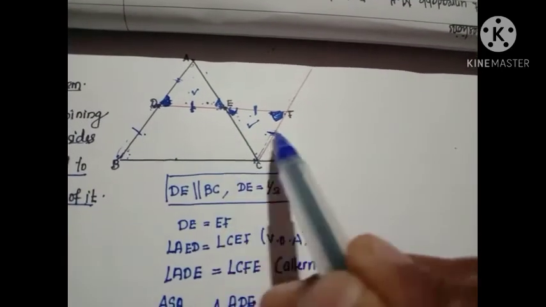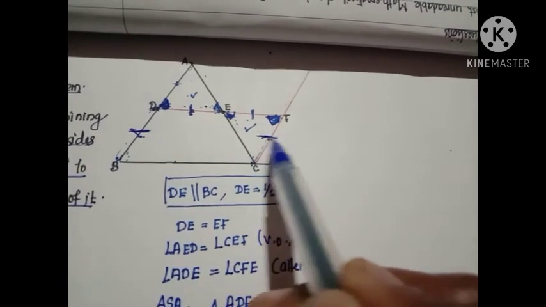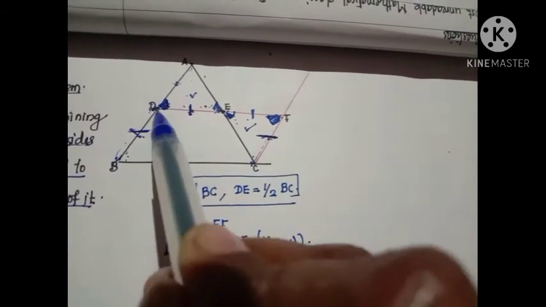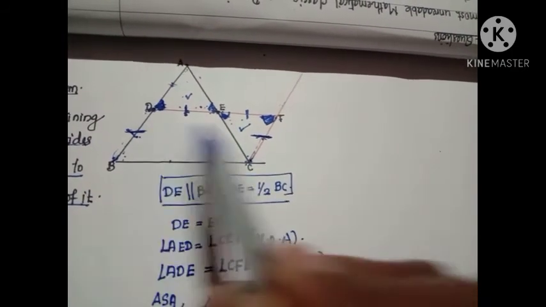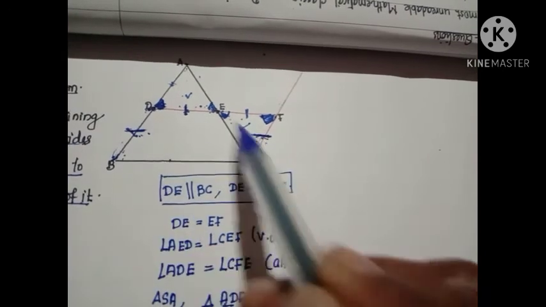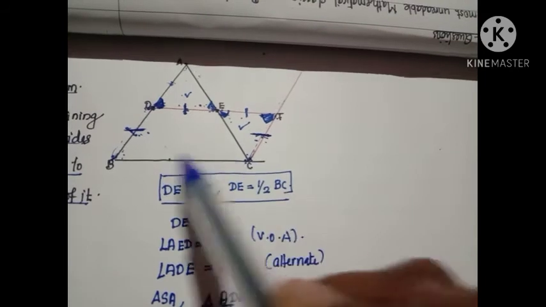These are two sides, DB and CF. So these two sides are equal, and by our construction DB is parallel to CF. So these two are opposite sides of this quadrilateral DFCB.